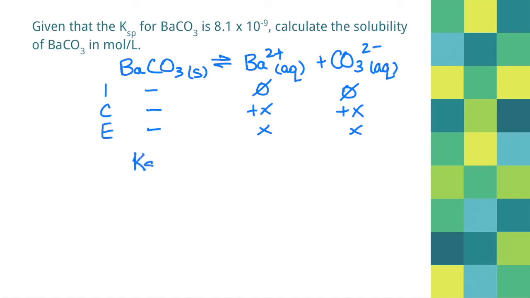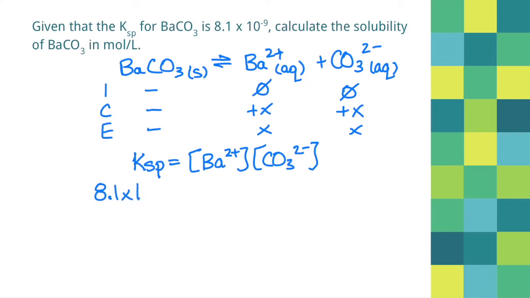So next we're going to set up our Ksp expression. So that's going to be our barium ions times our carbonate ions, those in molar concentration. Now we're given a Ksp in this question, so we're going to plug that in, 8.1 times 10 to the negative 9. And then we're going to plug in our equilibrium expressions for the barium and carbonate ions. So that's x times x. Let's take this one more step.